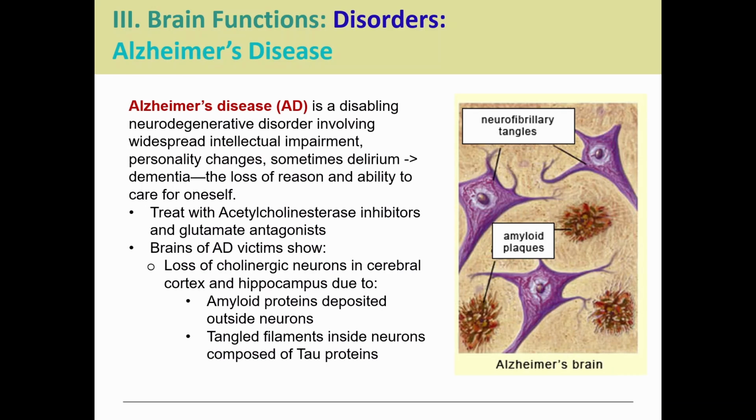What we see in a lot of people with Alzheimer's is that they lose cholinergic neurons, which are the ones that release things like acetylcholine, which is why acetylcholinesterase inhibitors can help. And why we see that is because we see these plaques, what we call amyloid plaques, getting deposited. And now we see these tau proteins getting tangled up inside the neurons as well.